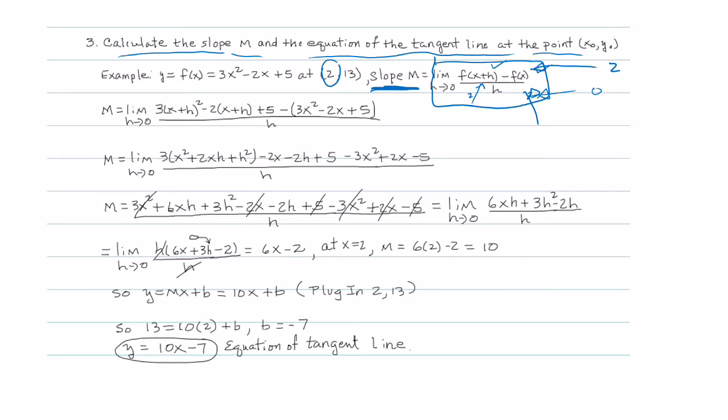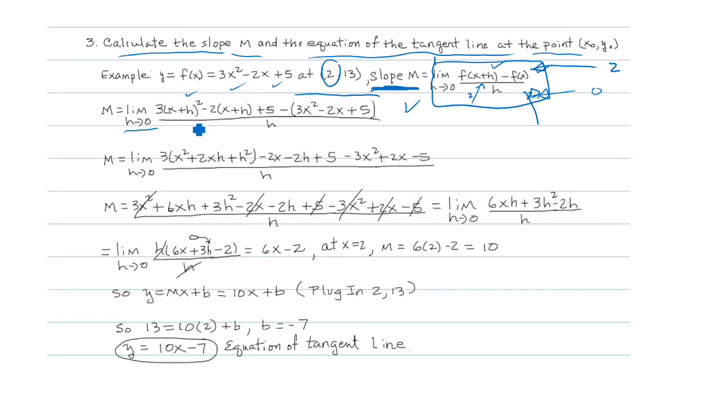But I suggest, and it's always going to be simpler to do this, to put x plus h, and then your answer will work for any x. So now, limit as h approaches 0, plug in x plus h everywhere you see an x, and you get this, this, and this, and then subtract off f of x, which is simply 3x squared minus 2x plus 5.